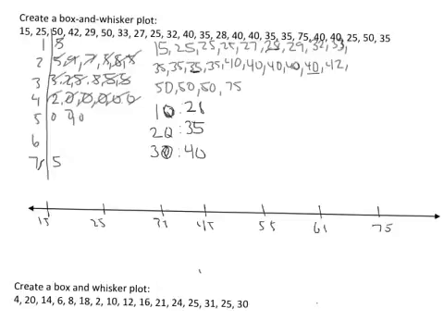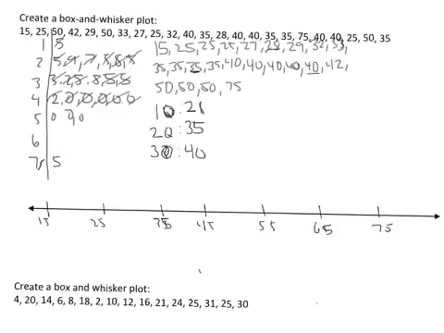I know mine aren't necessarily super even, but they're close. So we're jumping by tens every single time. All right? So we got 15, 25, 35, 45, 55, 65, and 75. That should contain all my points because my lowest is 15 and my biggest is 75.